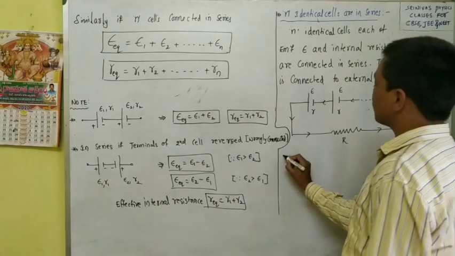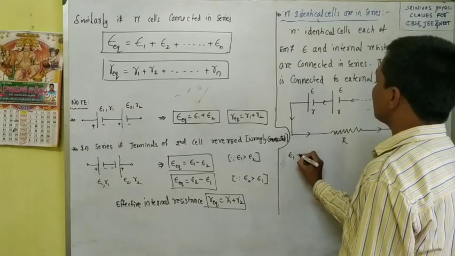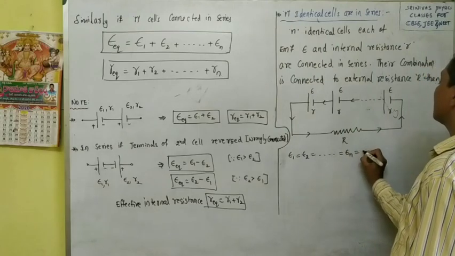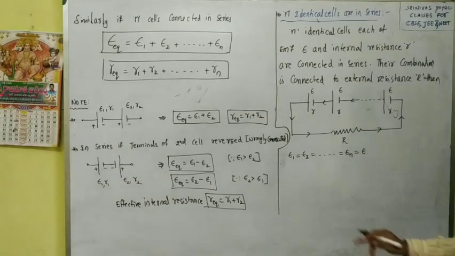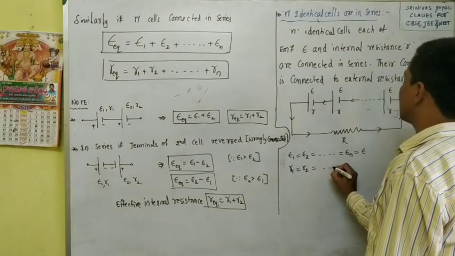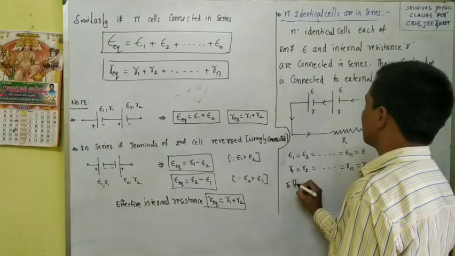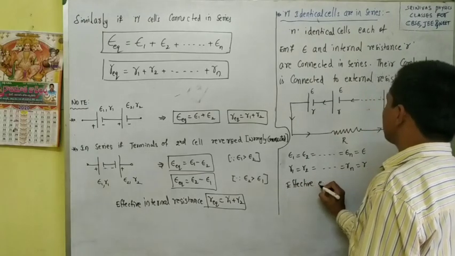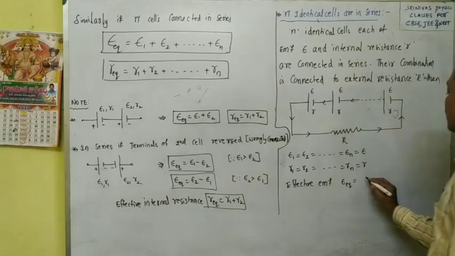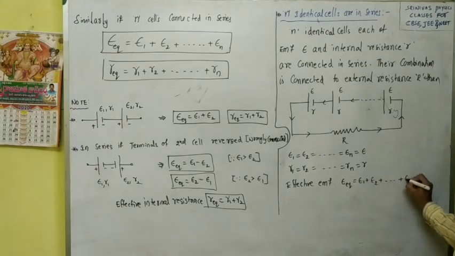In this case, the EMFs of all cells are the same. E1 is equal to E, E2 is equal to E, En is also E. Internal resistance is also the same, R1 is equal to R2 and so on, Rn is equal to R. Then the effective EMF formula: E equivalent is equal to E1 plus E2 and so on to En.